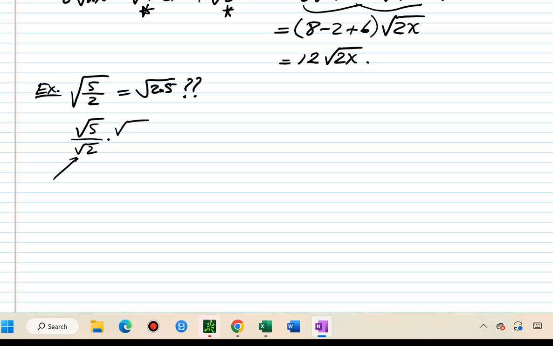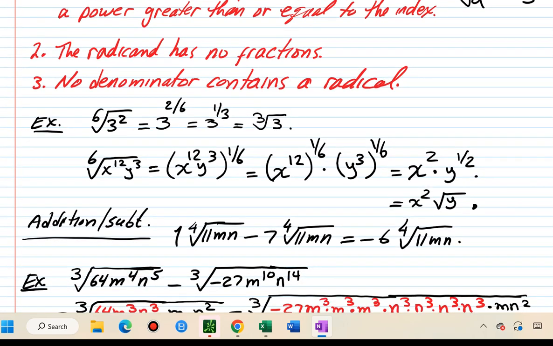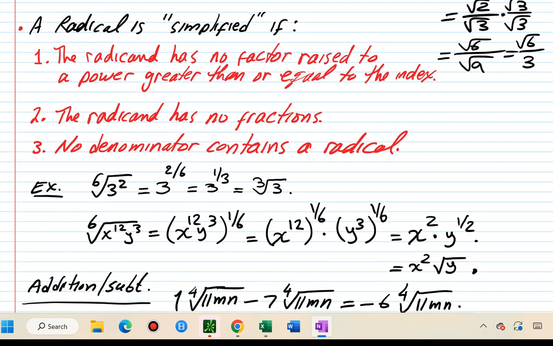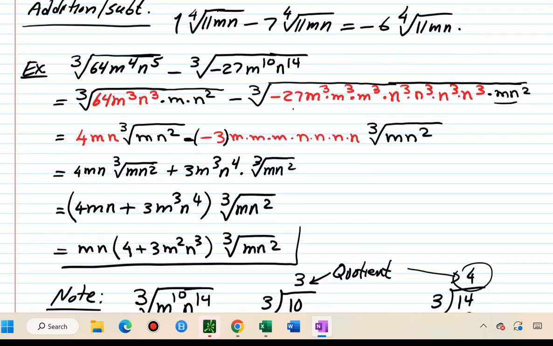Now, square root of 2, again, notice this is an irrational number. Anytime we get the square root of non-perfect squares, the answer is going to be irrational. Irrational means you cannot write it as a ratio of 2 integers. So I'm going to multiply top and bottom by square root of 2. Number 2 said no radicand contains a fraction. Number 3 said no denominator contains a radical.